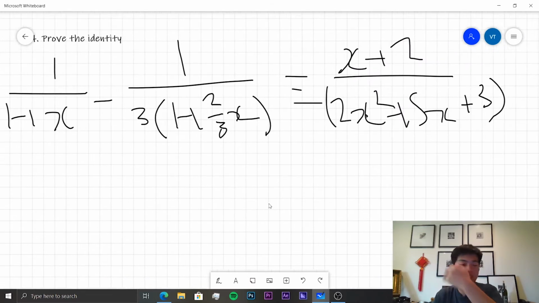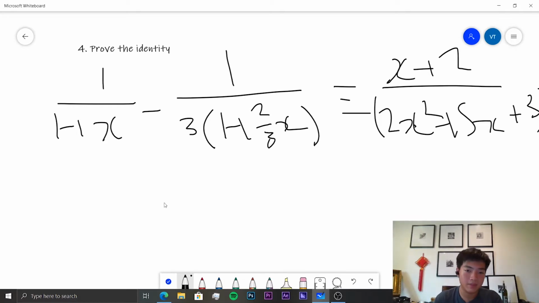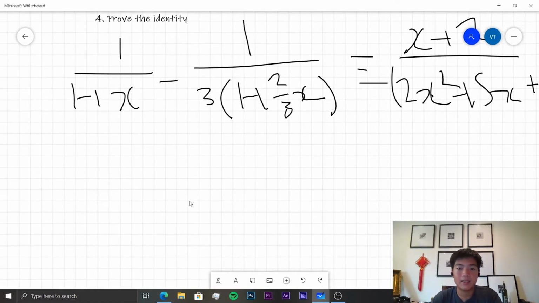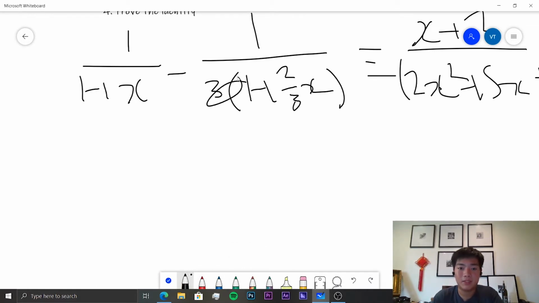So this is going to be making these two both common denominators and then solving from there. I don't like this fraction, and we can expand it. So this is actually equal to 3 plus 2x, so I'll change that here.